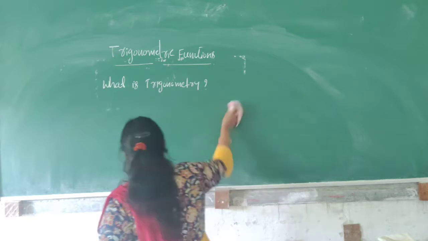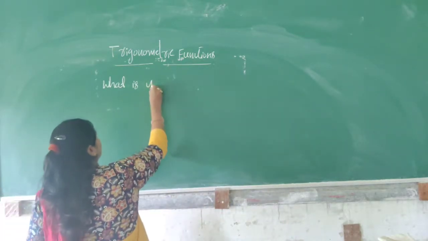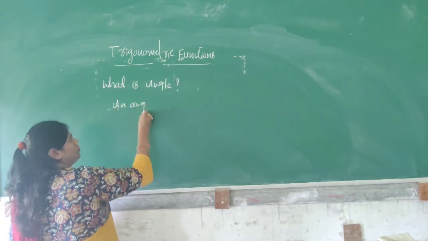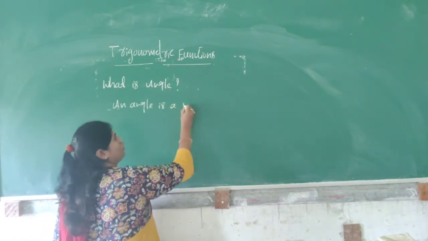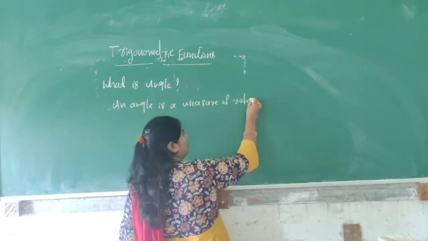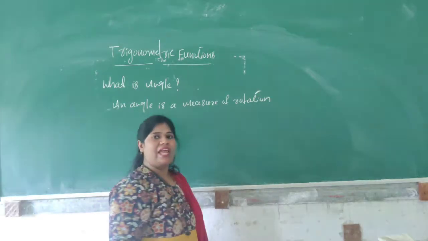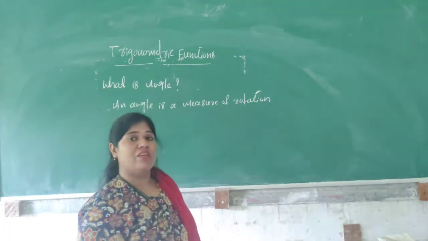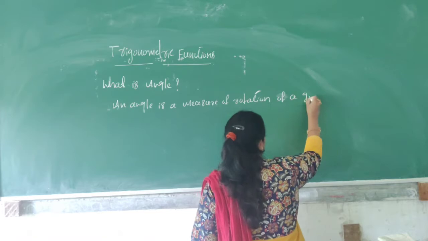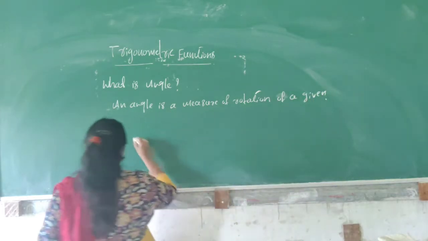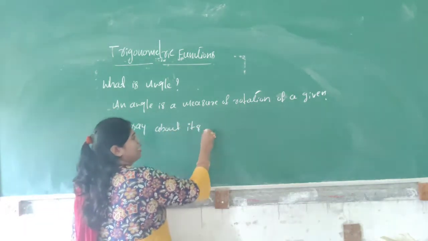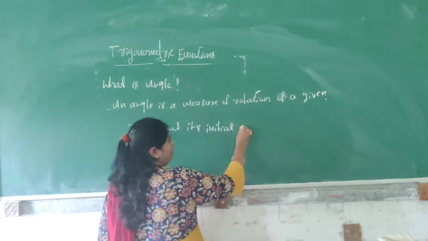An angle is a measure of rotation of a given ray about its initial point.